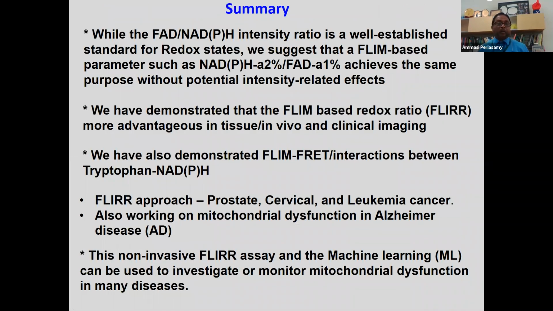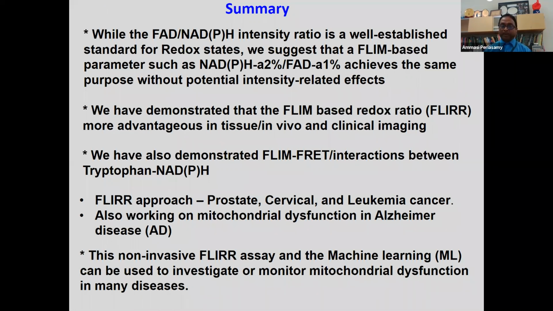All right, so I showed you the FLIRR approach using the lifetime imaging microscopy instead of intensity. Both methods are good, but it gives sensitivity, particularly in the case of tissue. We have also demonstrated the FLIM-based REDOX ratio advantages in clinical imaging too.